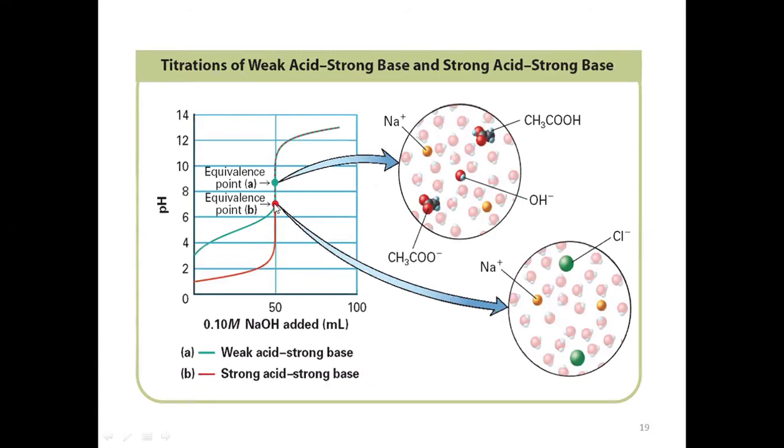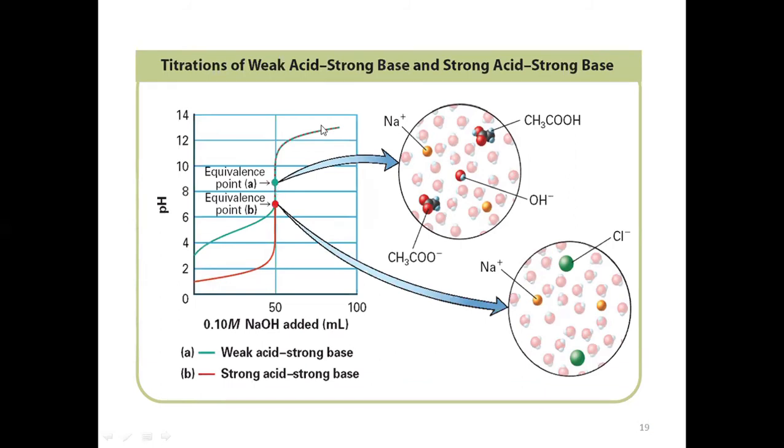At pH 7, full neutralization or the equivalence point is reached for strong acid and strong base. And in the case of weak acid and strong base, the equivalence point is reached at around 8.5 due to the presence of hydroxyl ion. So the equivalence point will be in the basic region, that is 8.5.